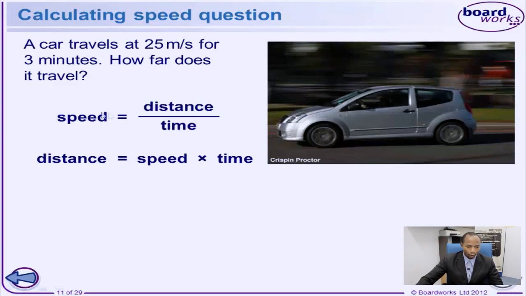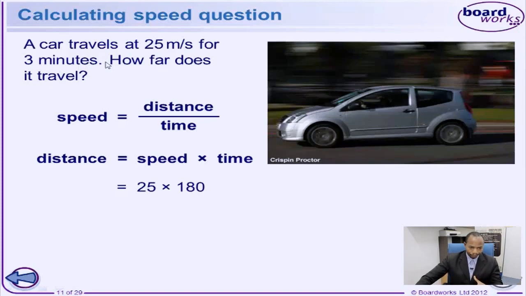If you cross multiply, mathematically, the distance will be the time multiplied by the speed. So distance is speed multiplied by time. From the question, the speed was 25 meters per second, but the time was 3 minutes.